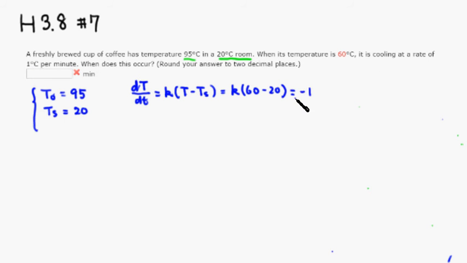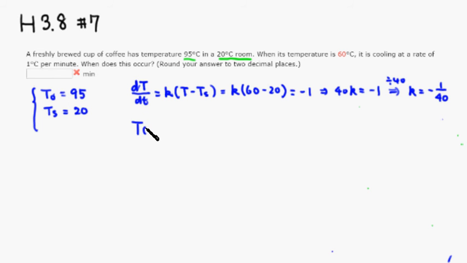If you solve this equation, we know that 40K is equal to -1, which means that we can just divide through by 40 to find K to be -1 over 40. We already found the K value, so therefore we know the temperature equation.